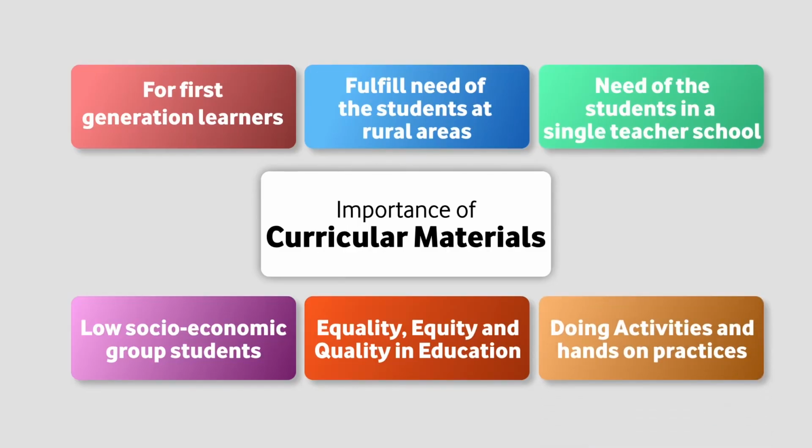Then, for doing activities and hands-on practices, I have already said that only getting theoretical knowledge is not enough. At the same time, learners should involve themselves in different activities and learn from different hands-on practices. They should achieve the competencies and skills so that they can use them further.